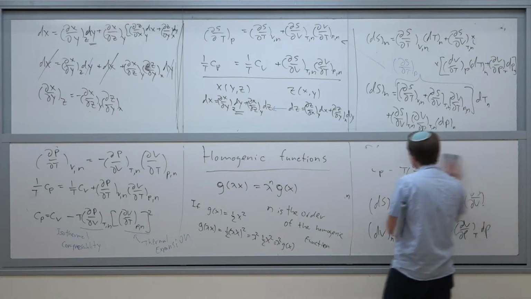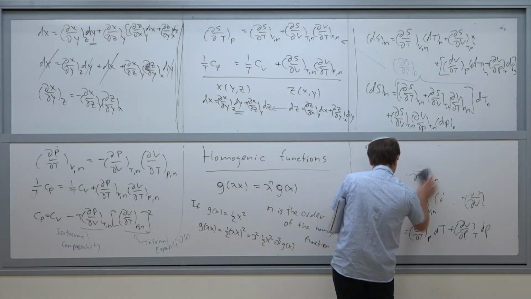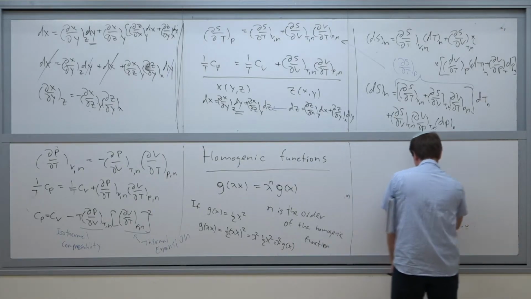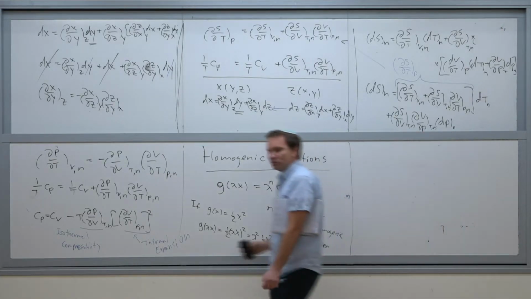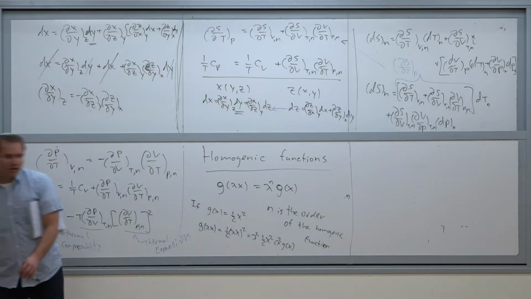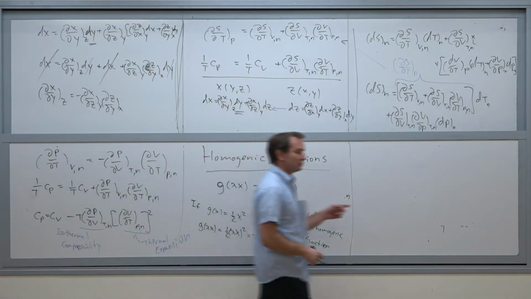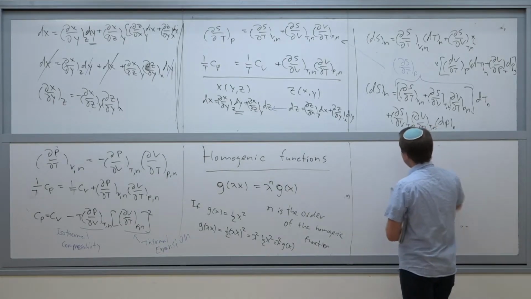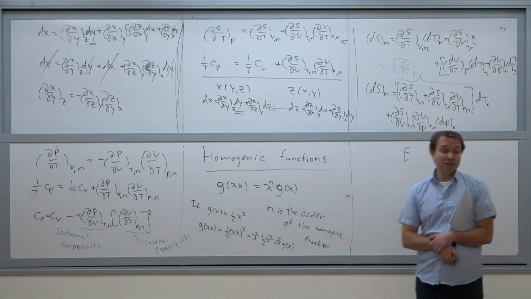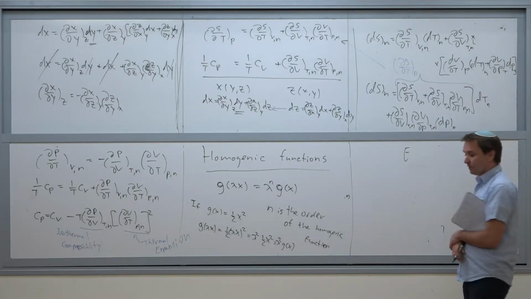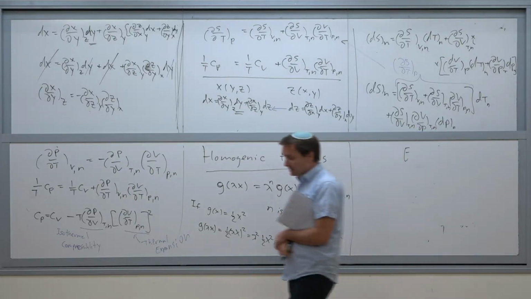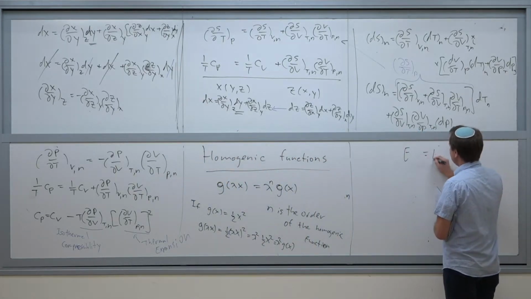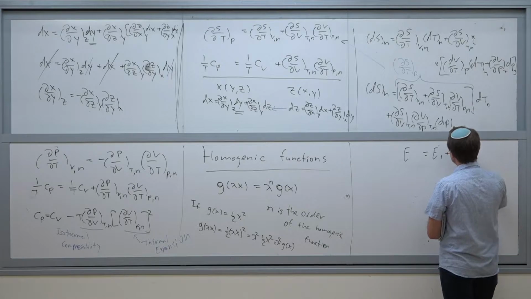Now, what kind of homogenic functions have we already seen? Actually, all the functions of state are homogenic functions of the first order. Why? Because we know that energy and entropy and all of the other functions of state are extensive. So if we have two subsystems, we know that the energy is E1 plus E2.